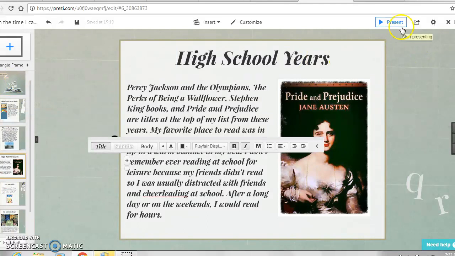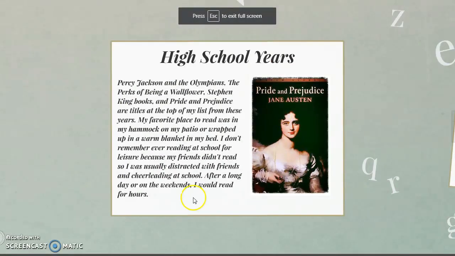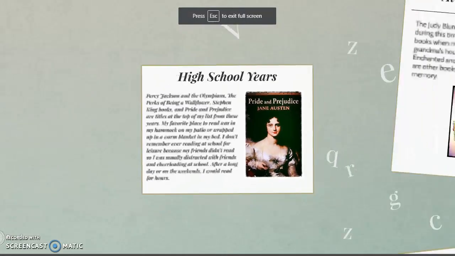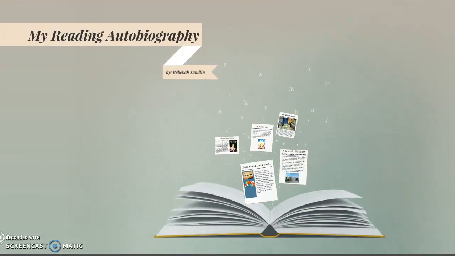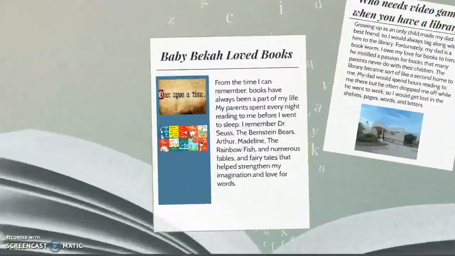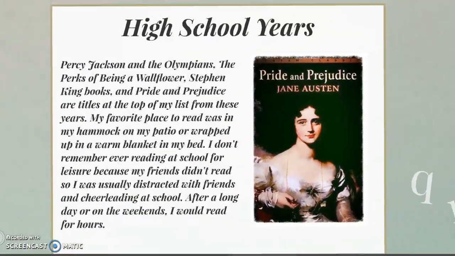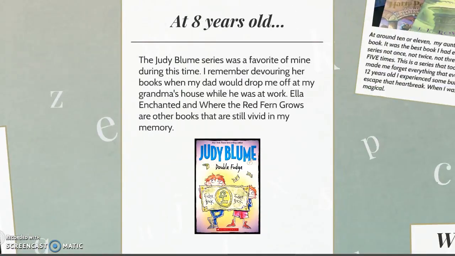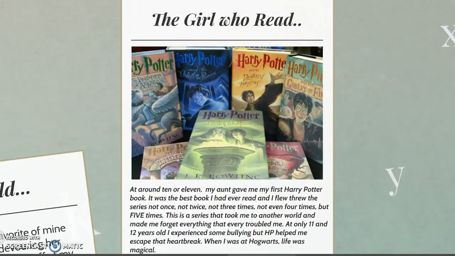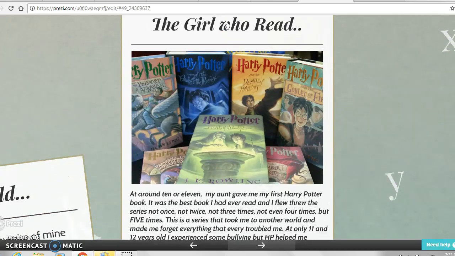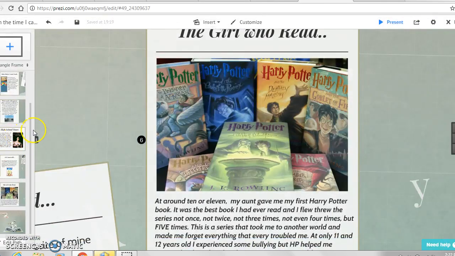So let's see what it would look like now. If you click on Present, it'll show you. And there you go. It went ahead and moved it. So to escape presentation mode, you click the Escape button.